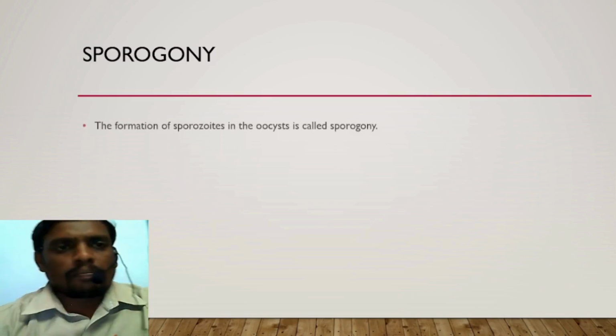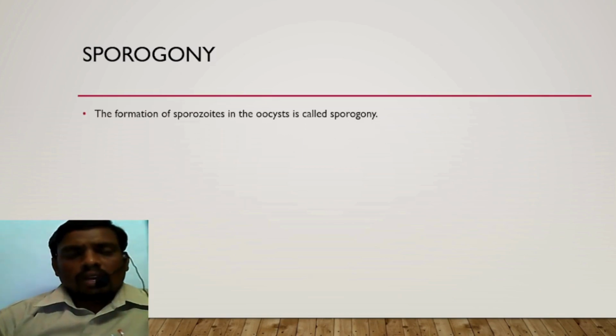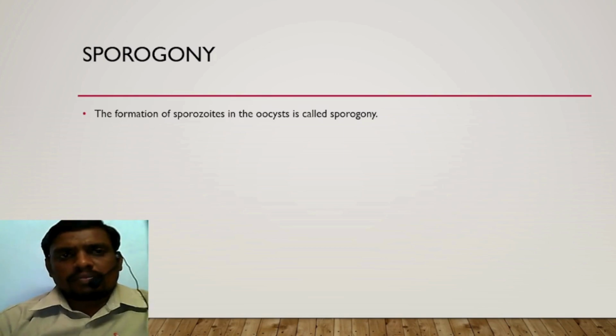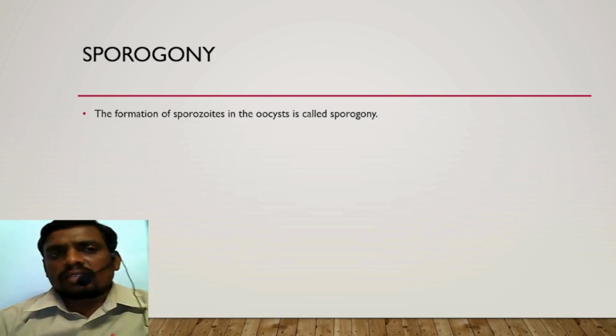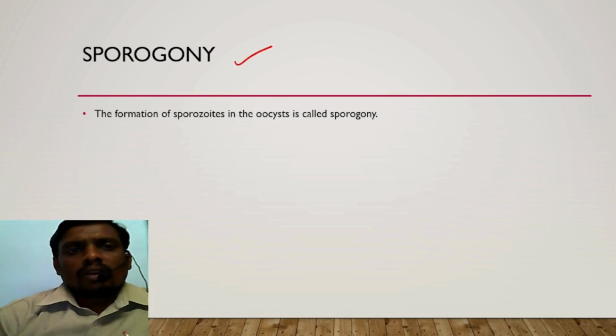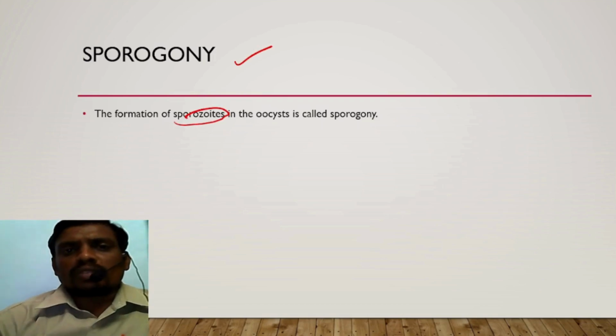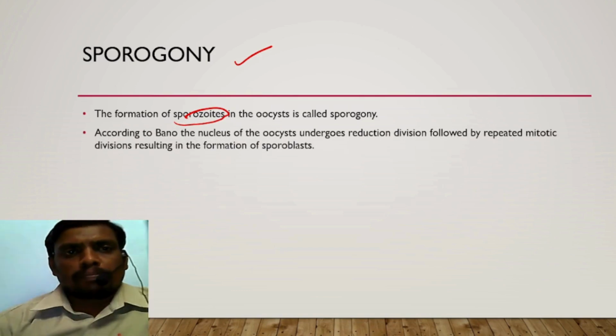Now what happens to this oocyst later on? After formation of oocyst, the next stage is sporogony. The formation of sporozoites in the oocyst is called sporogony.